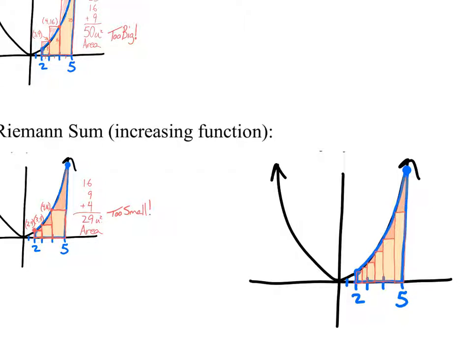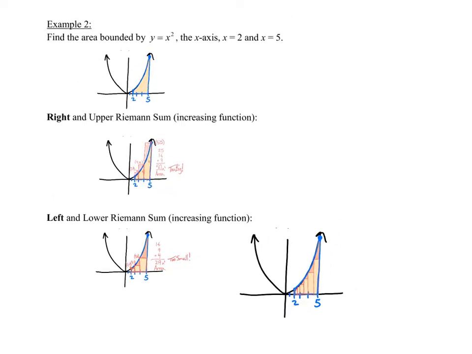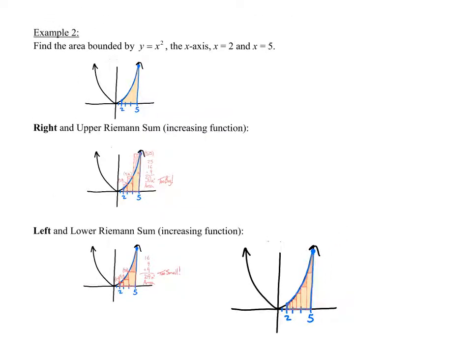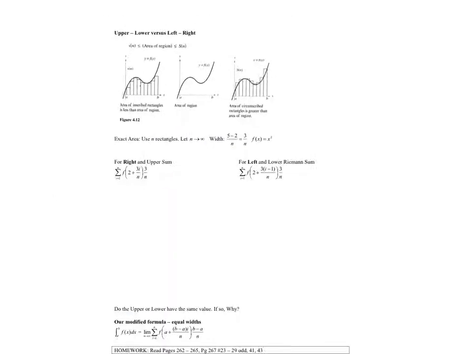Even just dividing it from 3 to 6 rectangles, the amount of area that we're missing is much, much less. Okay? So, yes, we want the number of rectangles to go to infinity. And that's where this is taking us, okay?